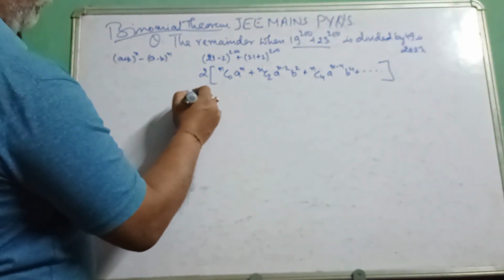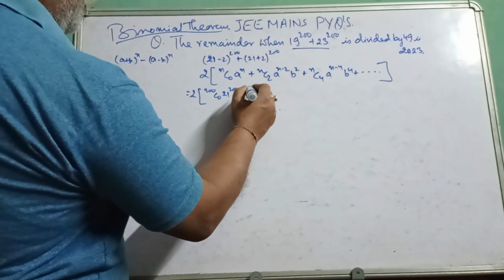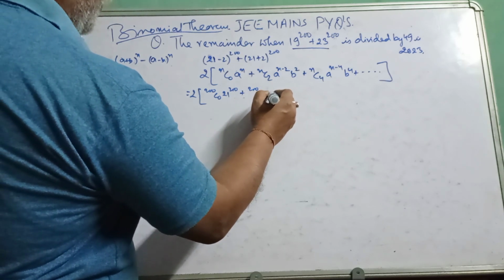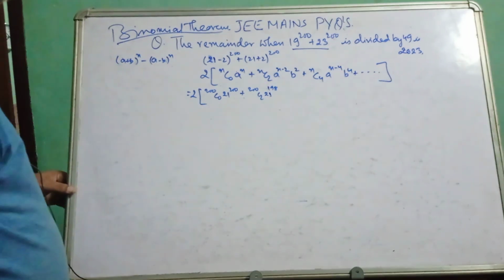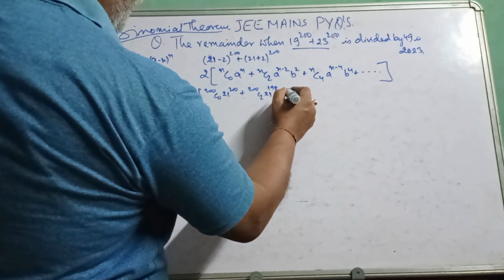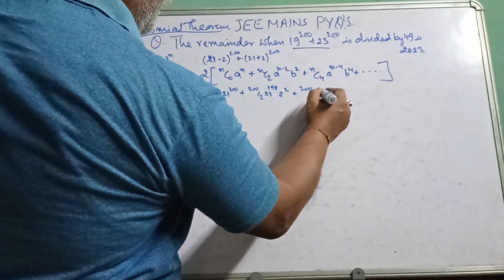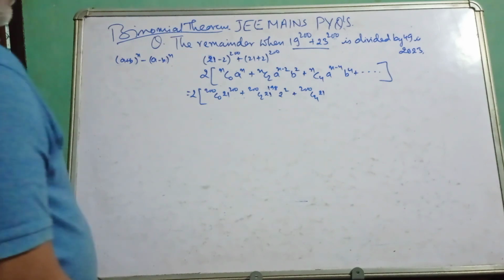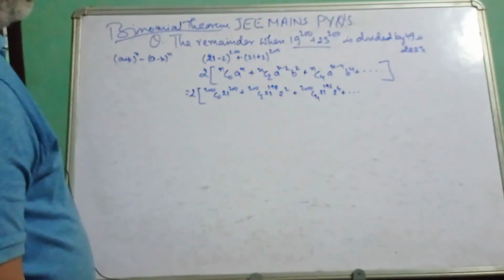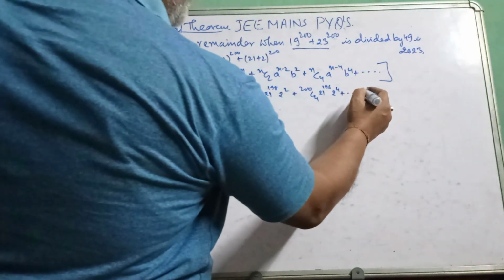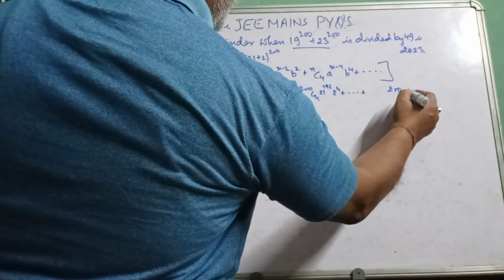So this will be 2 times 200C0 21 to the power of 200 plus 200C2 21 to the power of 198 times 2 squared, plus 200C4 21 to the power of 196 times 2 to the fourth, and your last term will be 200C200 2 to the power of 200.